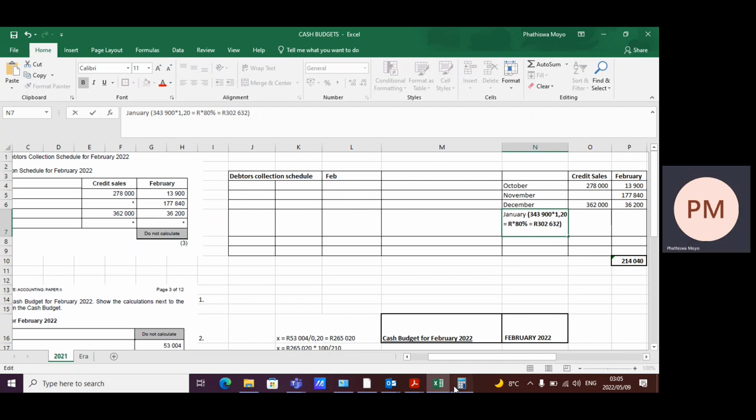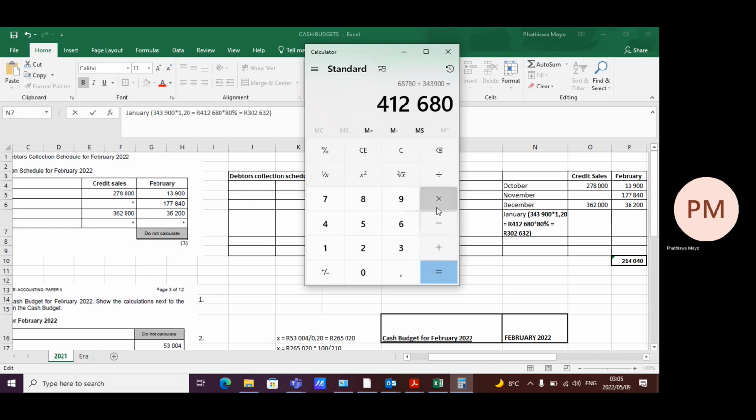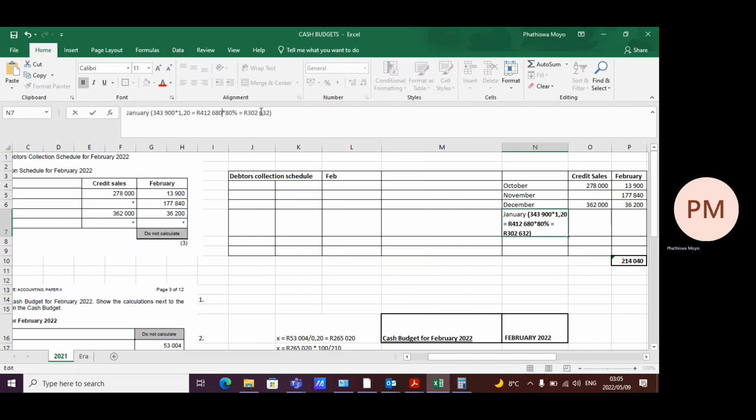I hope not. 344, interpreted at 120 thing, because this is not cost of sales, this is already sales. So this already sales will just do the increase in the markup.